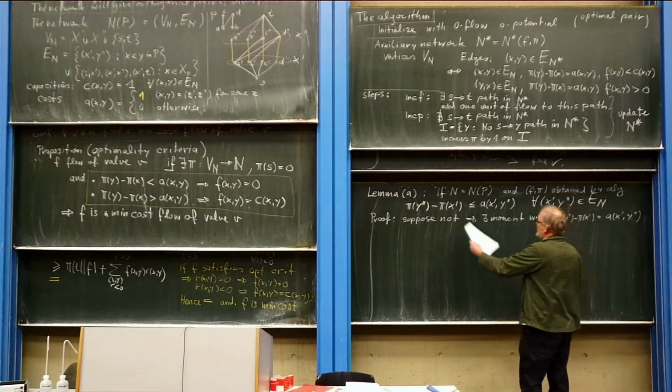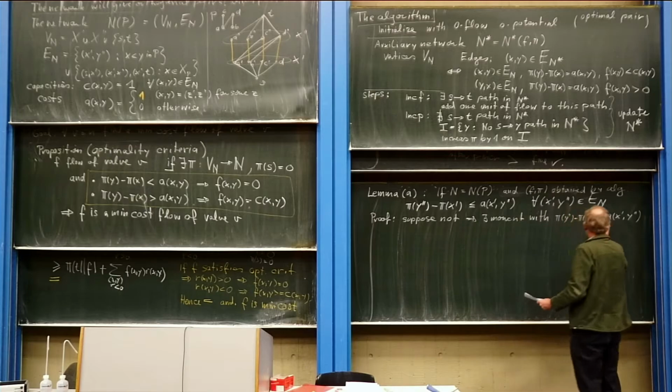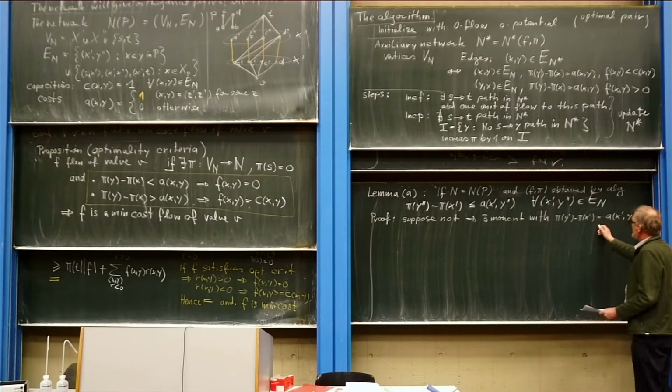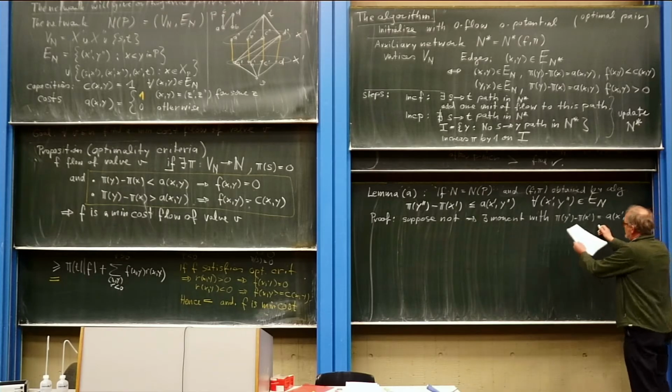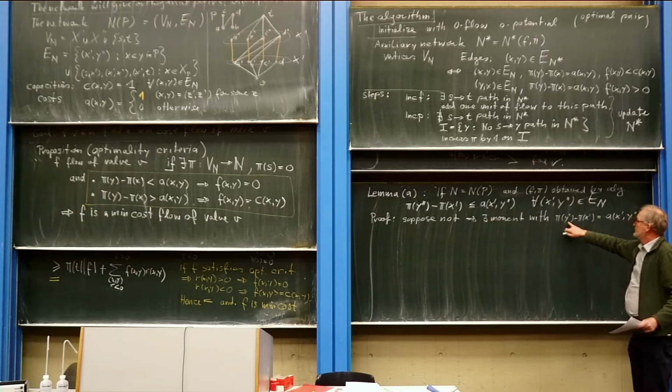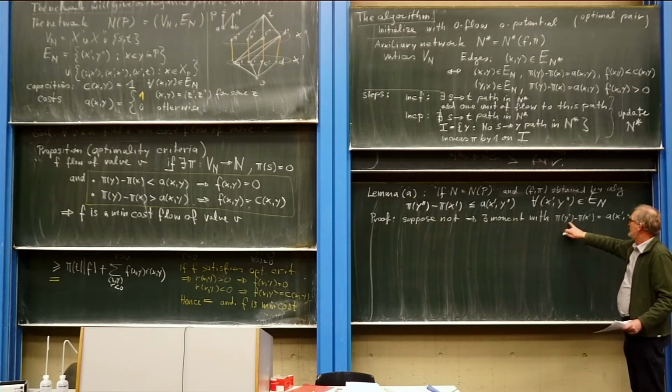And now after the step, we have a greater. So what we do is we increase the potential of y double prime, and we keep it as it is on x prime.